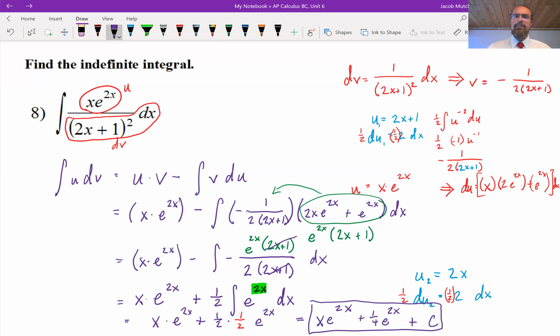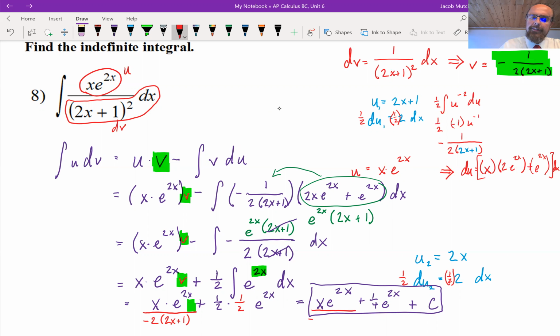And that helps us out here. So I'm going to put it in the last version of this example just by putting a denominator, negative 2 times 2x plus 1. So it's important to look back and make sure all the details are in order. And we're good now with that last adjustment.